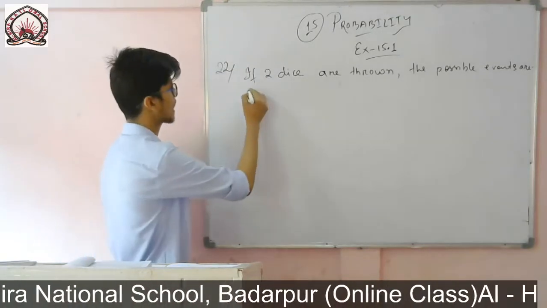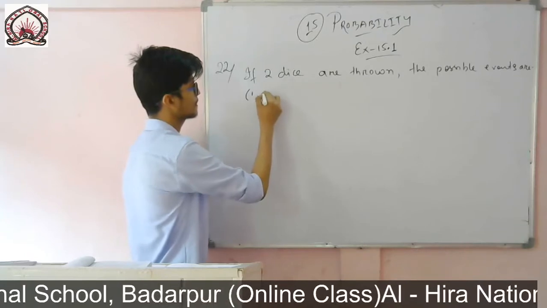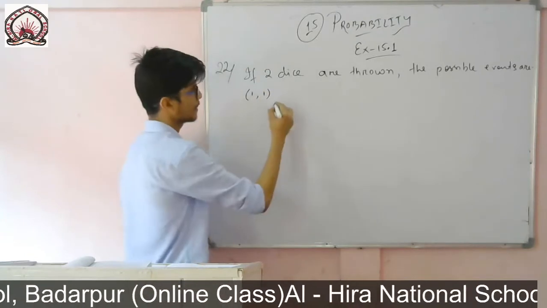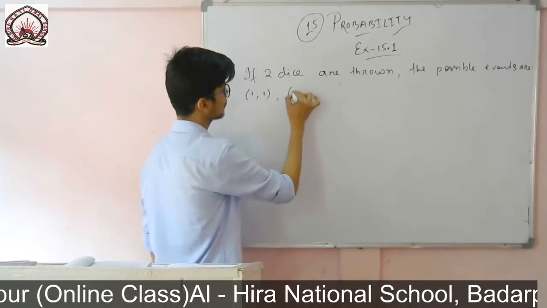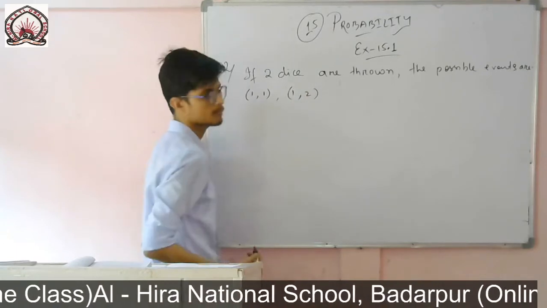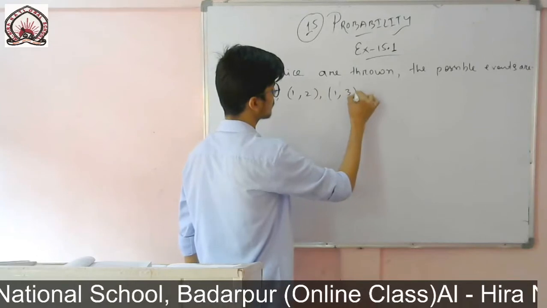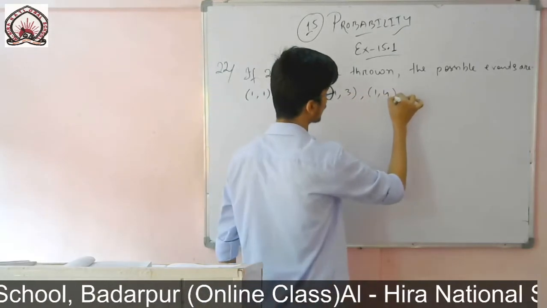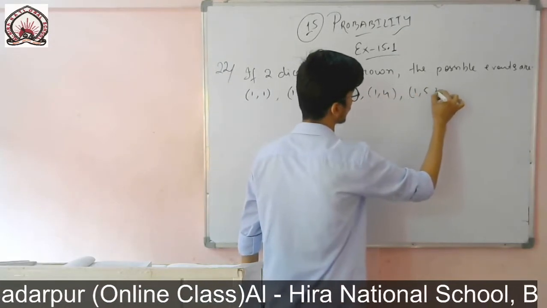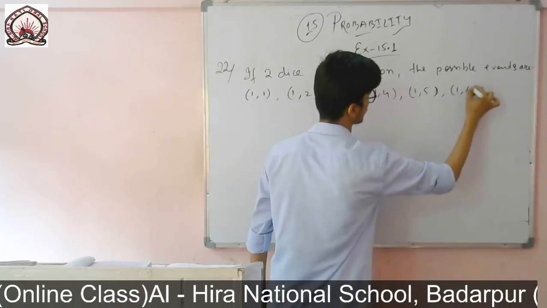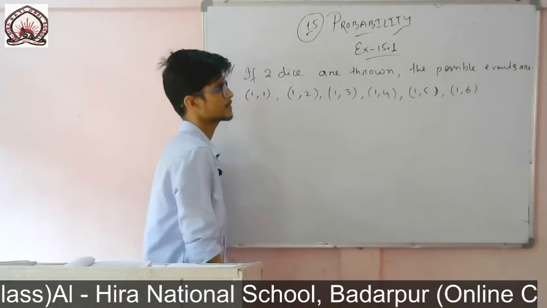In the first die you see one may come, in the second die also one may come. In the first die one may come, in the second die two may come. Then again in the first die one may come, second die three may come. Like this I will find 1 4, 1 5, 1 6. In a die there are 6 faces, that means up to 6 I will go.